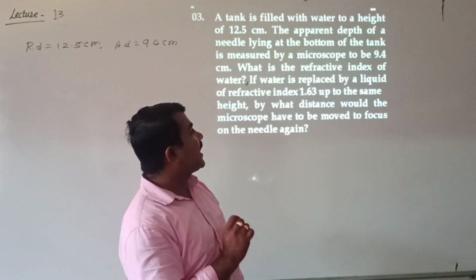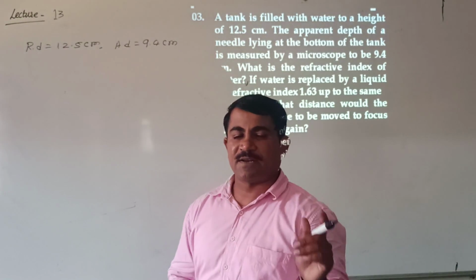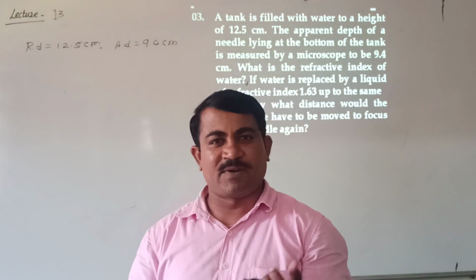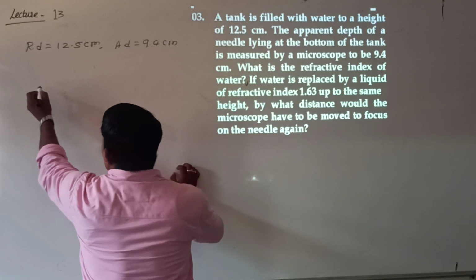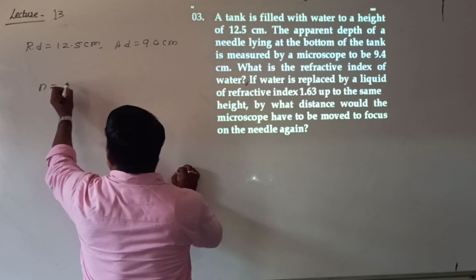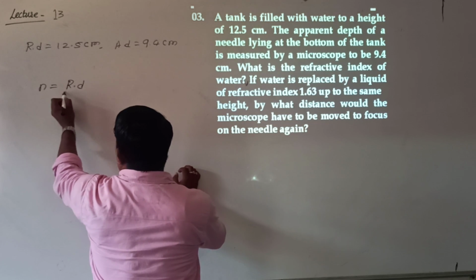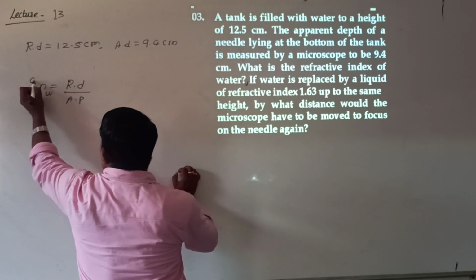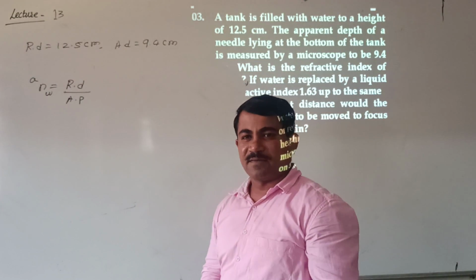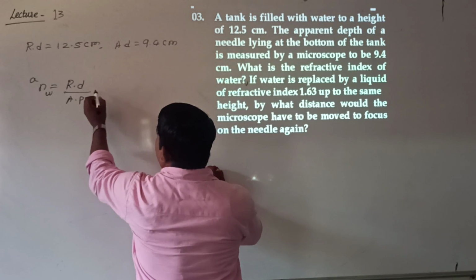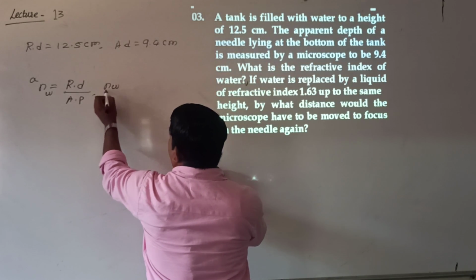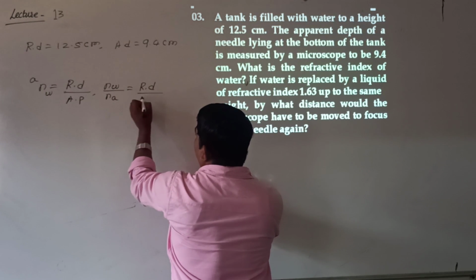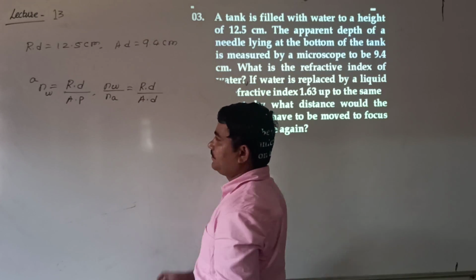What we need is the refractive index of water. See here, there is a relation between refractive index, real depth and apparent depth. The refractive index of the denser medium with respect to the rarer medium is equal to real depth divided by apparent depth. Refractive index of water with respect to air is equal to real depth divided by apparent depth.